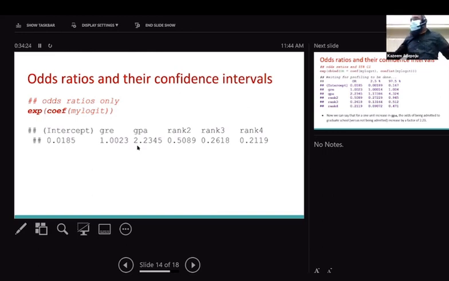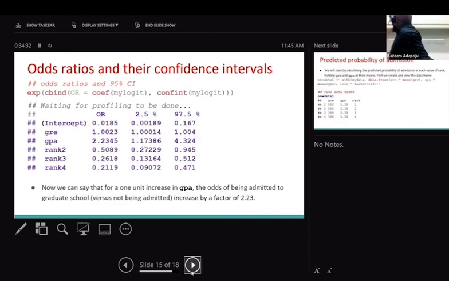Then we need to get an interval estimate. Now, what is the code if I want to get the interval estimate? All I'm going to do is confint. Look at that, confint. So exp, cbind, OR means odds ratio, equal coefficient of my logit, comma confint, then I'm actually going to get this.